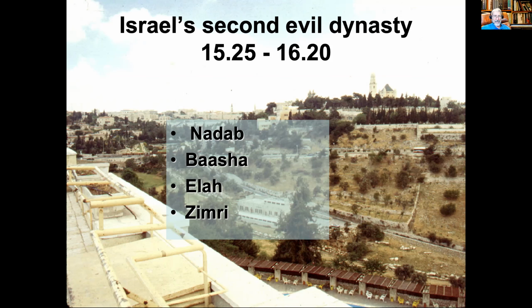Now, Omri did what was evil in the sight of the Lord, and did more evil than all who were before him. He walked in all the ways of Jeroboam, and in the sins that he made Israel sin, provoking the Lord. Now, the rest of the acts of Omri, and all that he did, and the might that he showed, are they not written in the book of the Chronicles of the Kings of Israel?